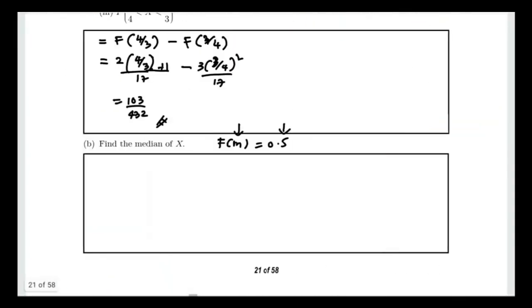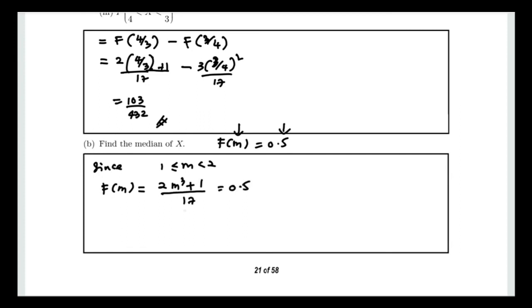So back to this part. Since m should be between 1 and 2, F(m) equals (2m cubed plus 1) over 17, which equals 0.5.